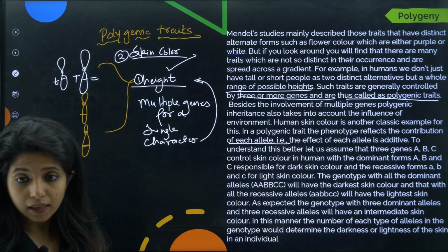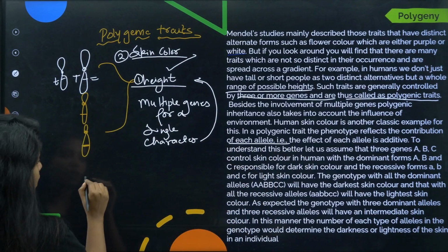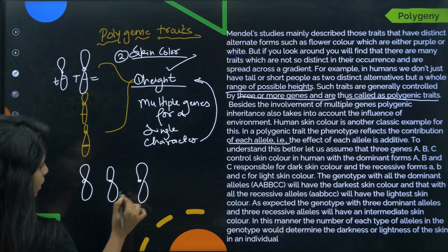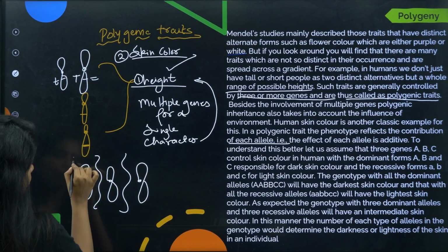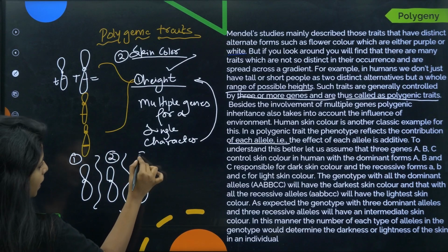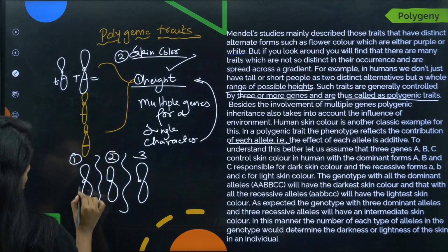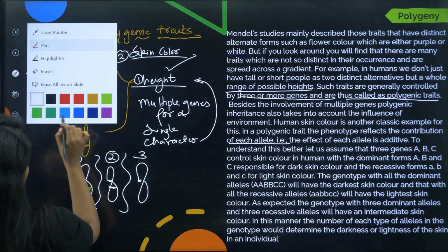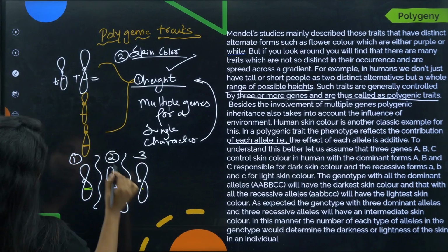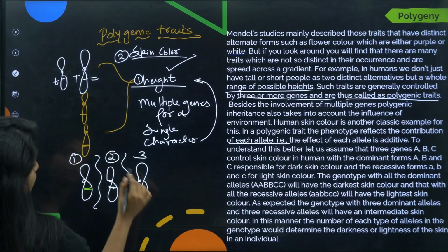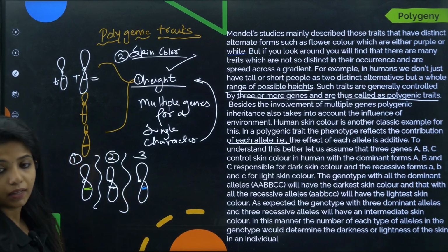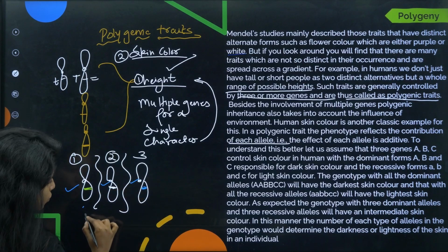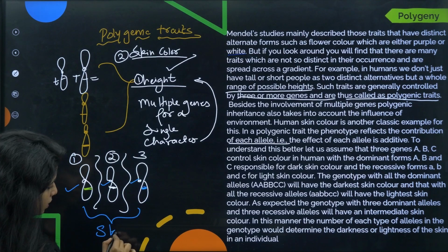For example, again I am making 3 chromosomes, 1, 2 and 3, each having one gene over here. I'm not talking about alleles, children, I'm talking about different genes that are present, and all of them are responsible for the skin color.